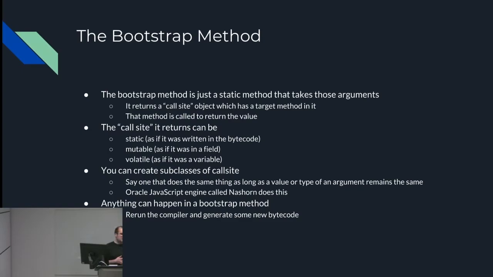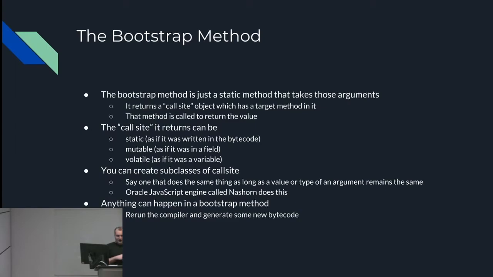So the JavaScript Nashorn engine does this. A lot of times what it will do is say, I might do this kind of thing the first time you run, and then if you supply me with a different function under these situations, I'm going to reoptimize the Java and the JavaScript code, and let me give you another method. I'm going to change my mind later.